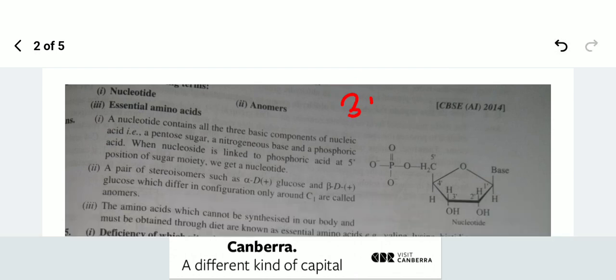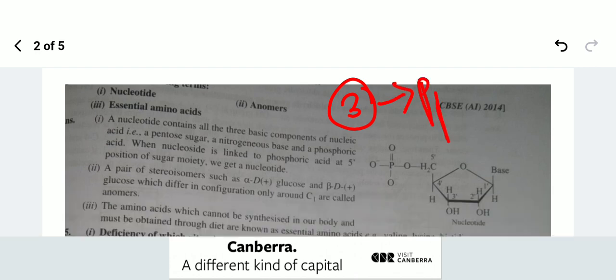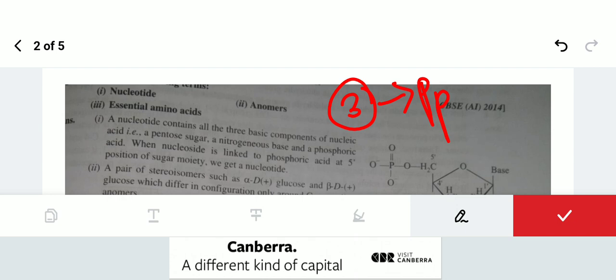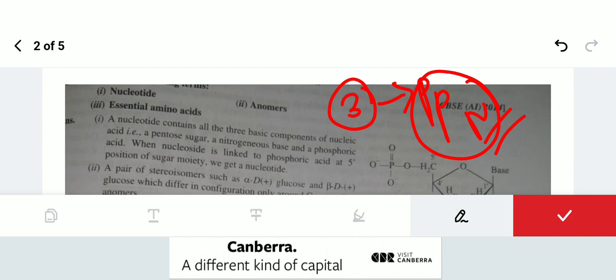A nucleotide contains three important components: the first being pentose sugar, the second being phosphoric acid, and the last being the nitrogenous base. When the nucleoside is connected to phosphoric acid at the 5' position of the sugar moiety, that time we get a nucleotide.